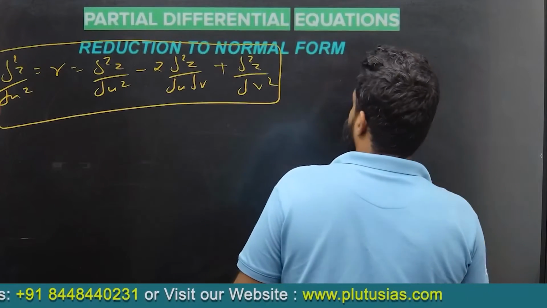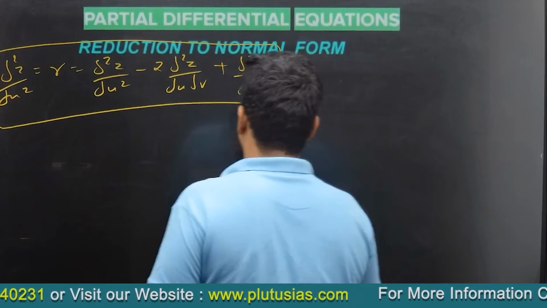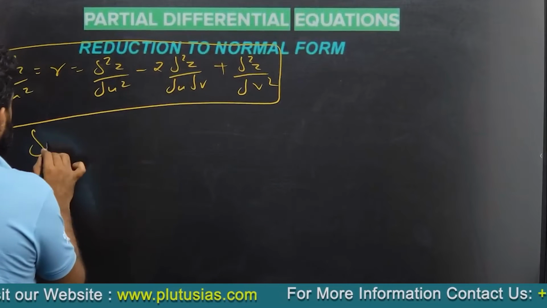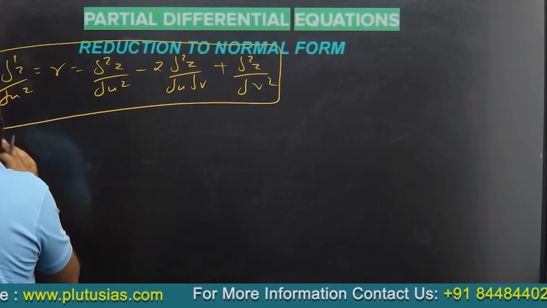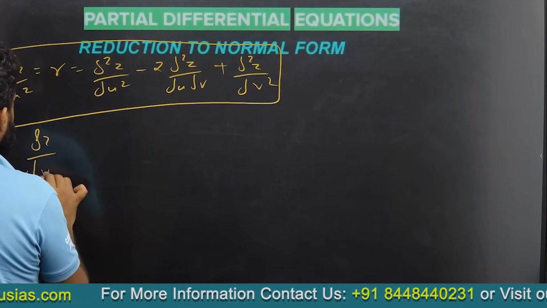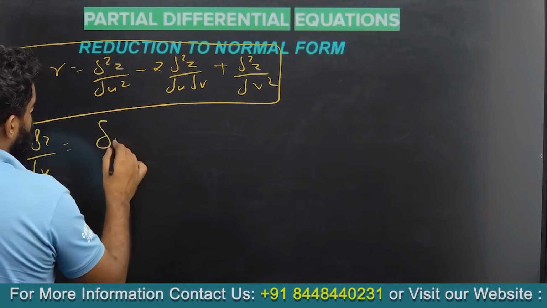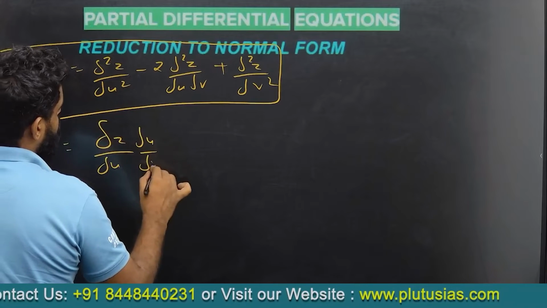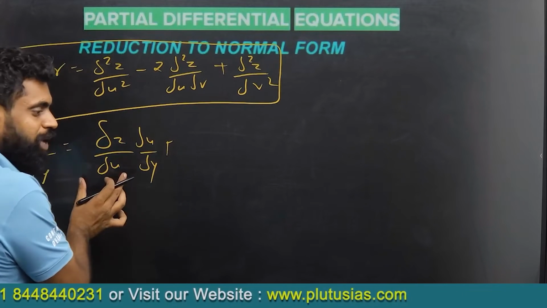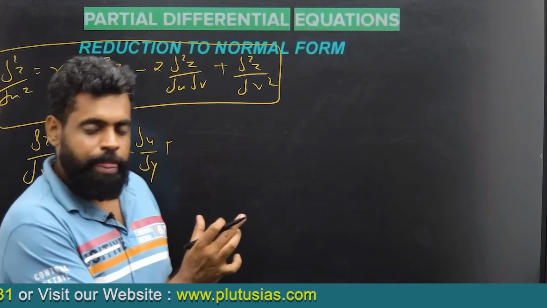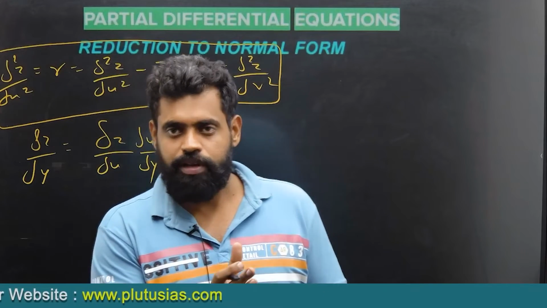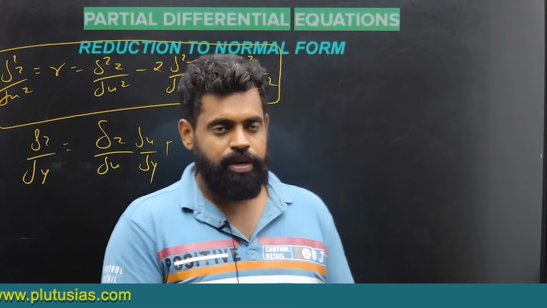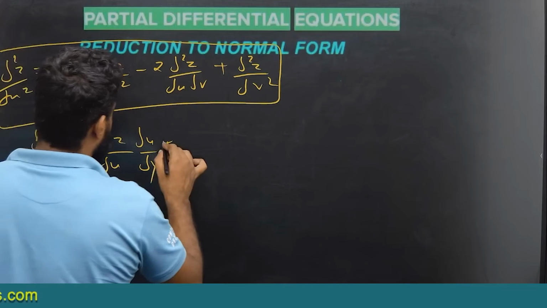So we now calculate the value of q. What do we first of all find? We find the value of delta z upon delta y. Similarly, this would be equal to delta z upon delta u into delta u upon delta y, plus delta z upon delta v into delta v upon delta y. See how this breaks, I have taught you in the topic partial derivatives, properties of partial derivatives.